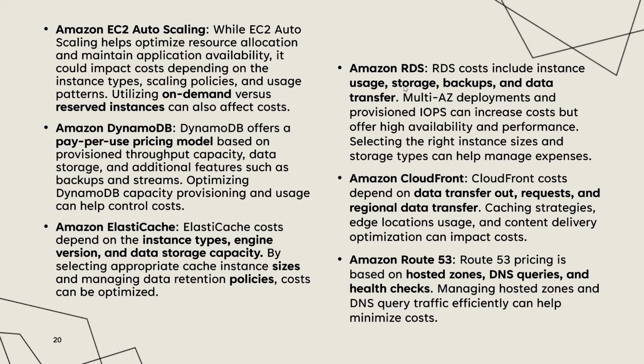In RDS, again, the cost is dependent on the storage, backups, and data transfer. In CloudFront also, it is data transfer out, requests, and regional data transfer. And in Amazon Route 53, the pricing is based on the hosted zones, DNS queries, and health checks.